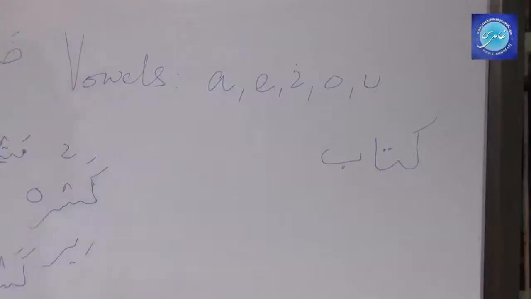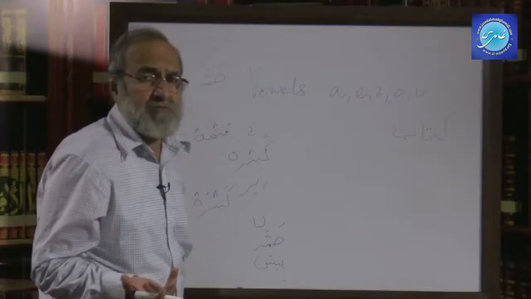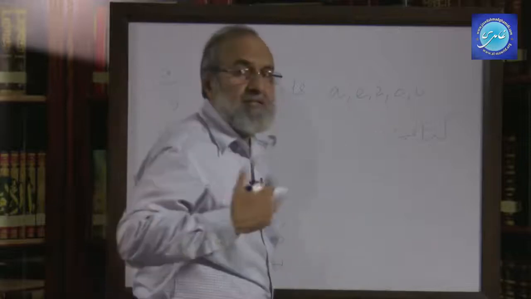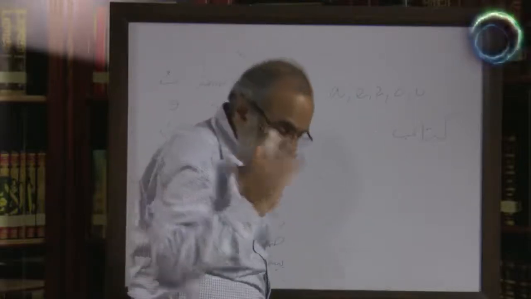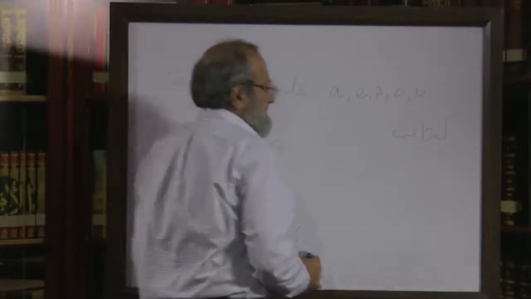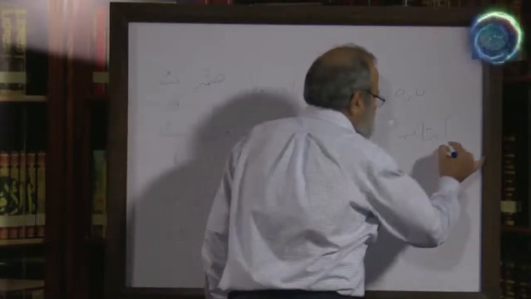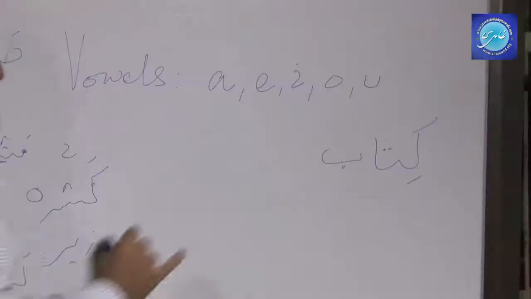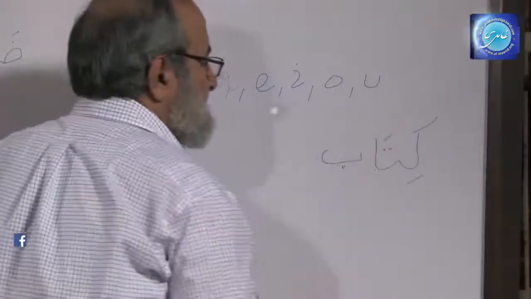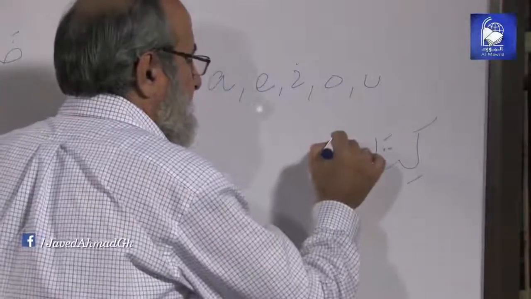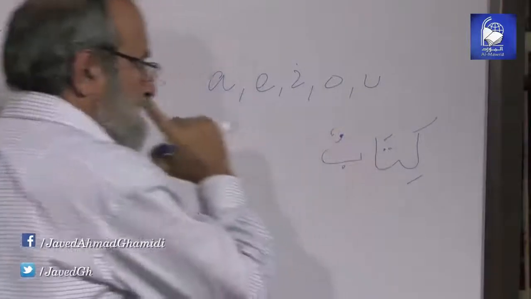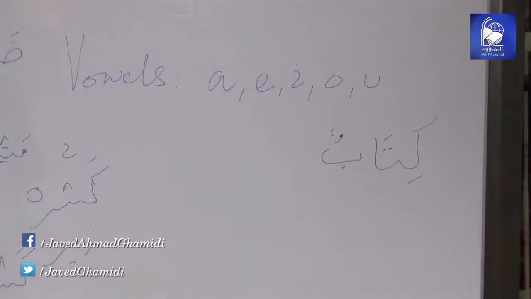But we've got to give vowels. As I said, without vowels, you can't pronounce. Even if you don't write them, you've got to use them for clarifying what the sound is going to be. So it's kasra ki, then fatha ta, and then two dhammas, which we will talk about later, kitabun.